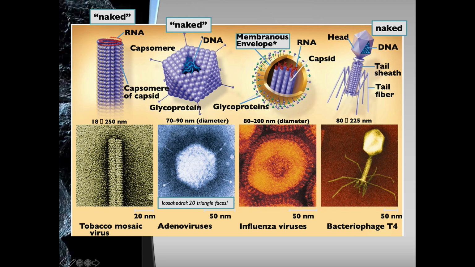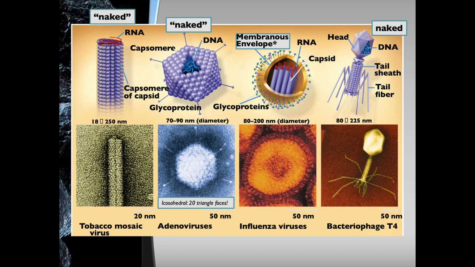They are considered a naked virus in the fact they don't have an envelope. They do have essentially glycoprotein coats, and they have protein spikes that stick off them, which we'll explain in a little while. Inside you can find DNA. This one here is an icosahedral shape. It has 20 triangular faces on its outer surface.